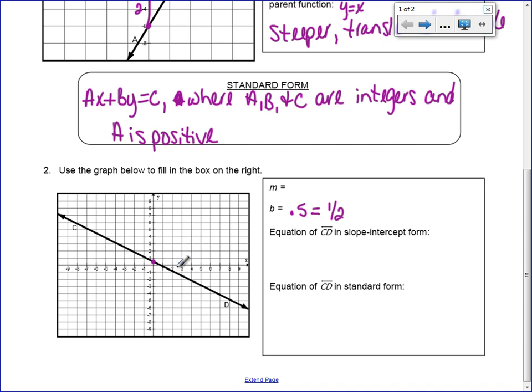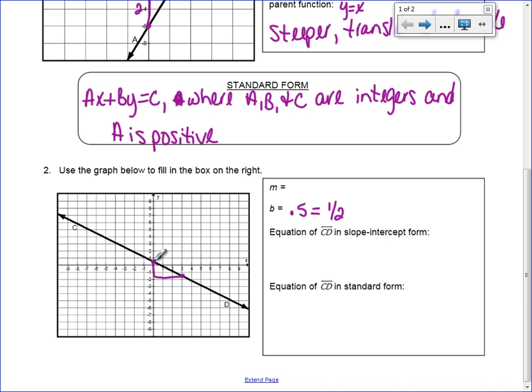And then my slope, let's find two pretty points. I'm going to use another one that is a 1/2 because they're going to work for me. So I'm going to go from here over to here.